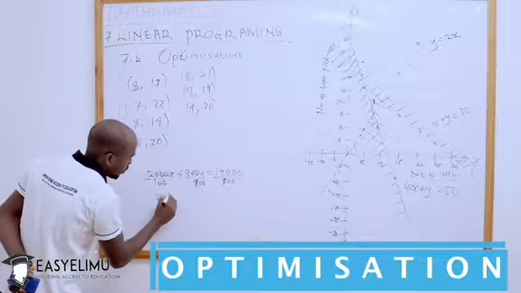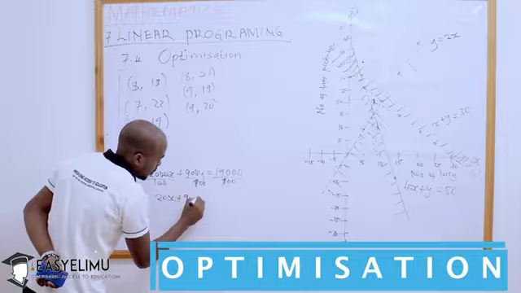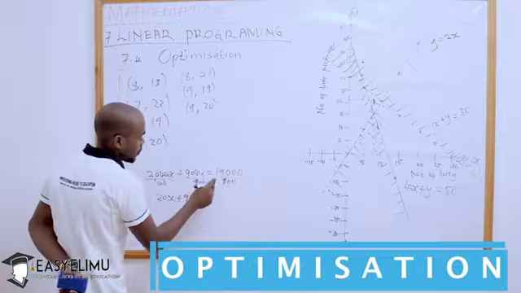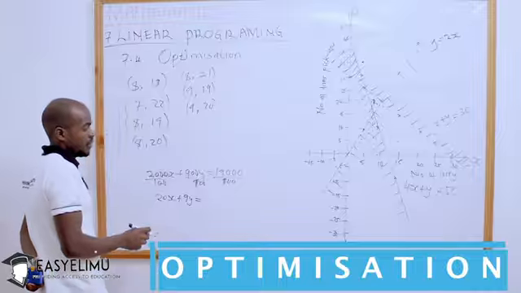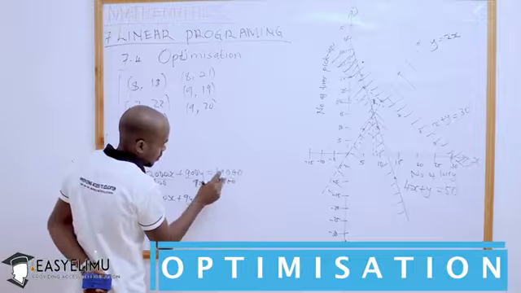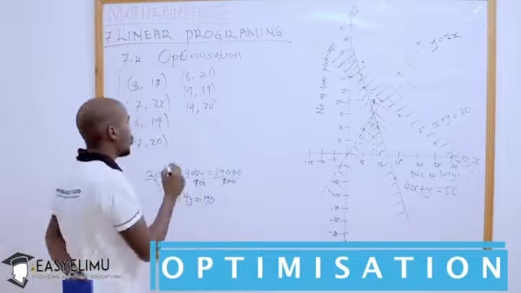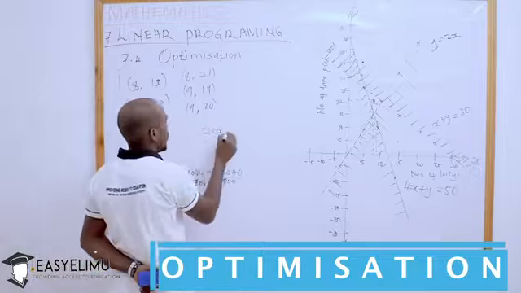So we shall have 20x plus 9y is equal to 190.